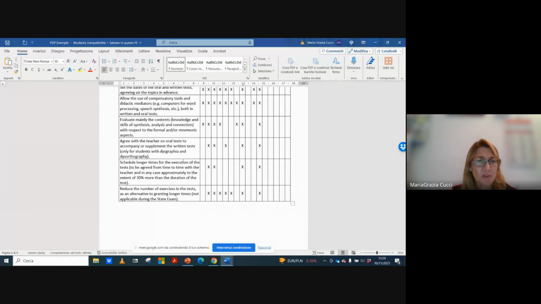Schedule longer time for the execution of the test, to be agreed from time to time with the teacher, and in any case approximately to the extent of 30% more than the duration of the test.